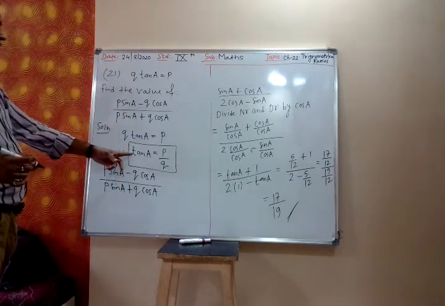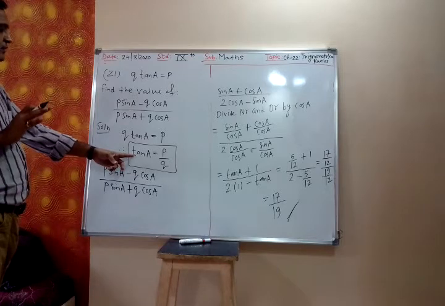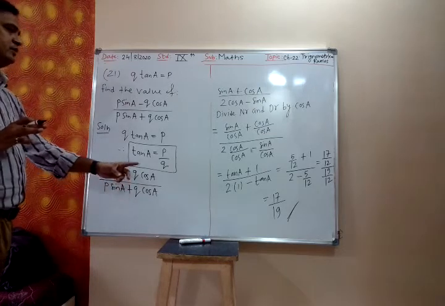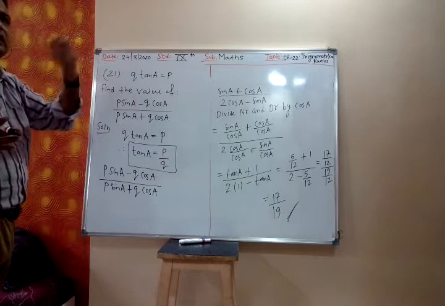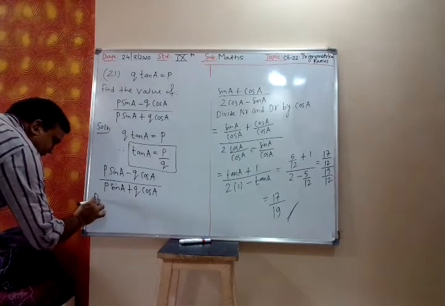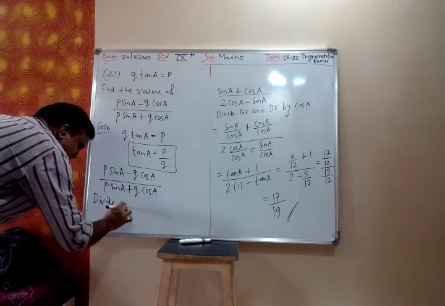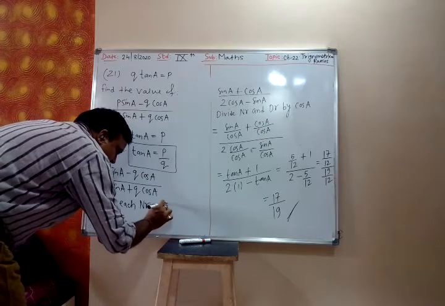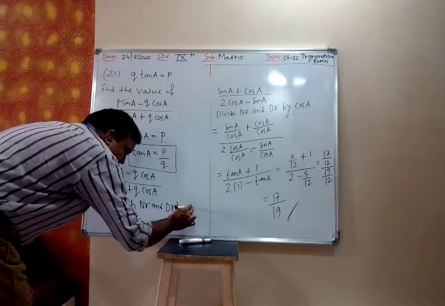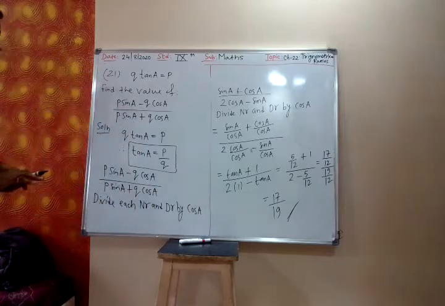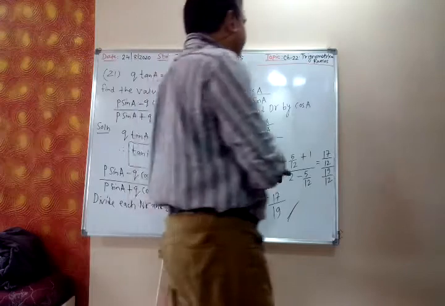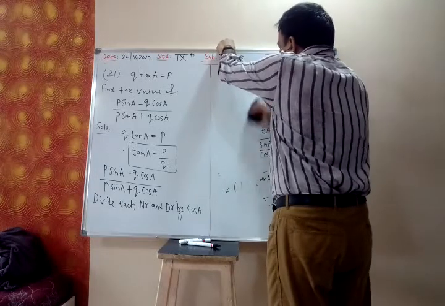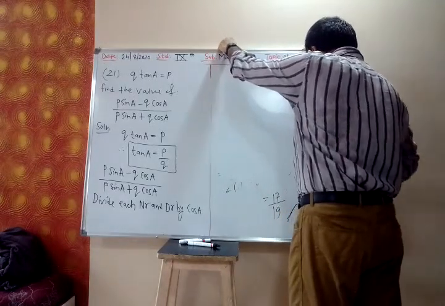Because you have the value of tan A, and in the evaluation part there is sin and cos. So when you divide sin by cos, you get tan A. So divide each term of numerator and denominator by cos A. You can do the same problem by drawing the diagram also.